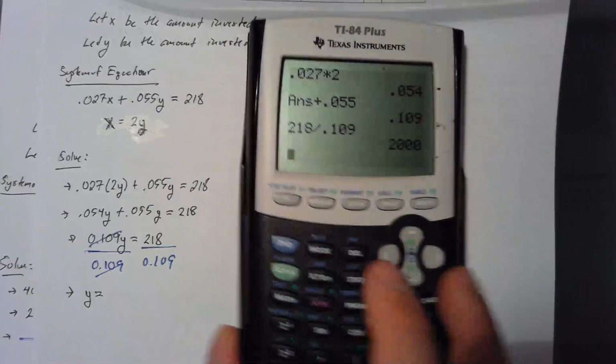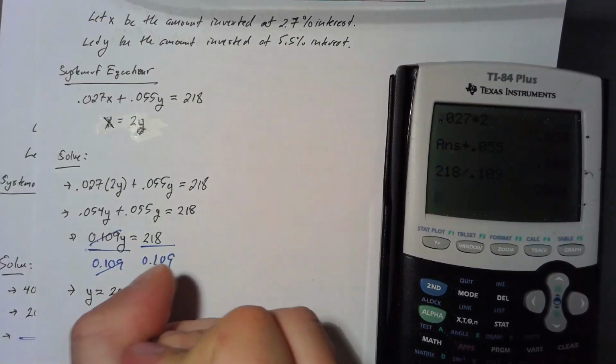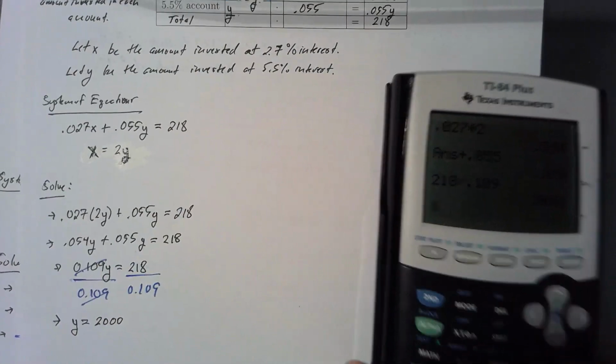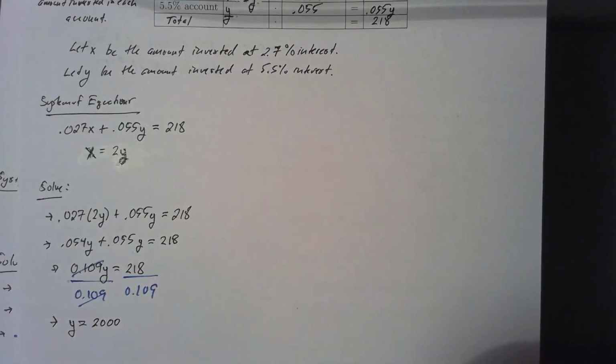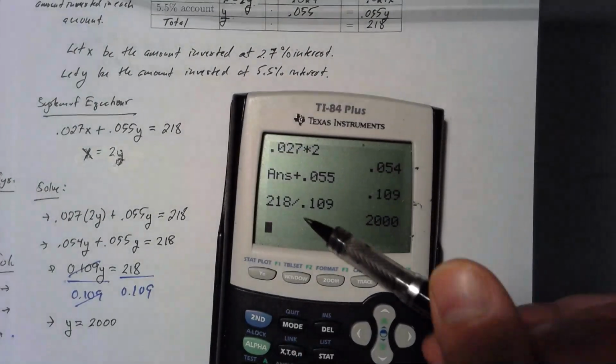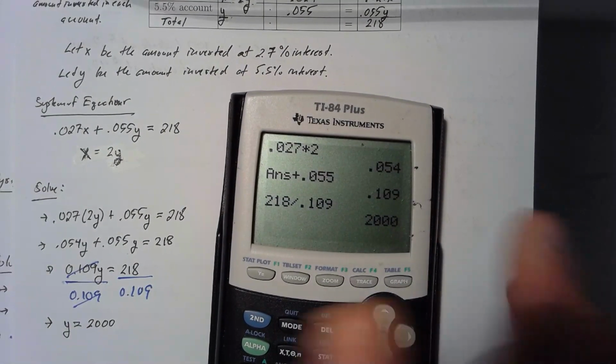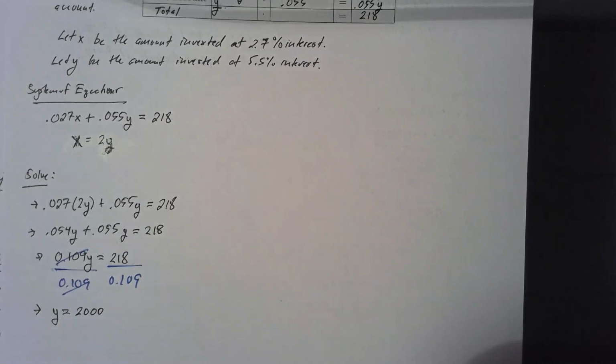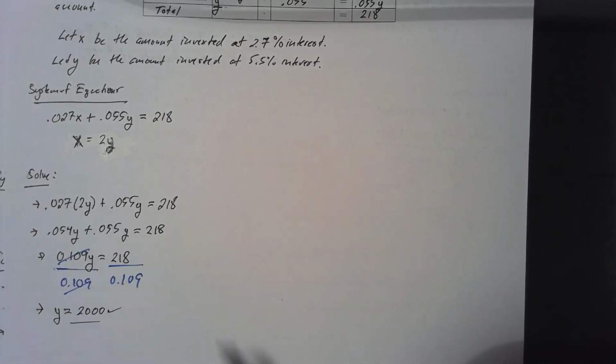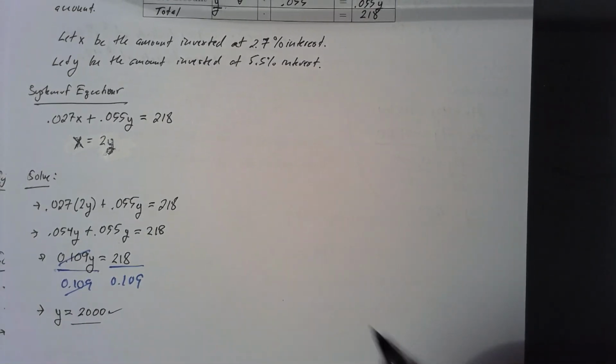Gives you 2,000. So you know that when you divide that number by this ugly number and you get a nice number, you know you did something right. That's not always the case, but in these problems it is. So that's the amount y.